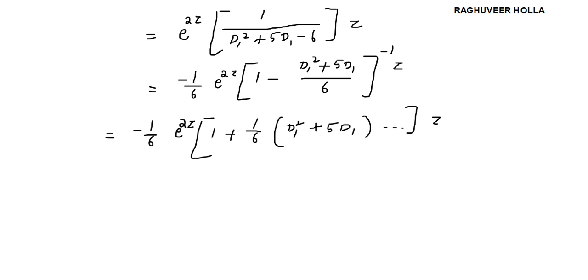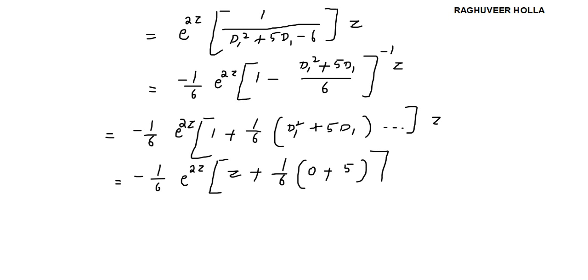So let us write this e to the power of 2z, right? So this is 1, and if I multiply it, I get z plus 1 by 6, and the first term goes to 0, because on two times differentiation it becomes 0, so this is 5, one time it is 1, right? Close the brackets.